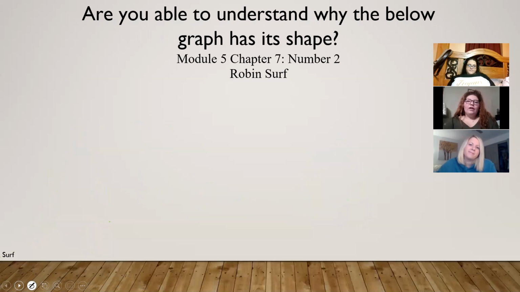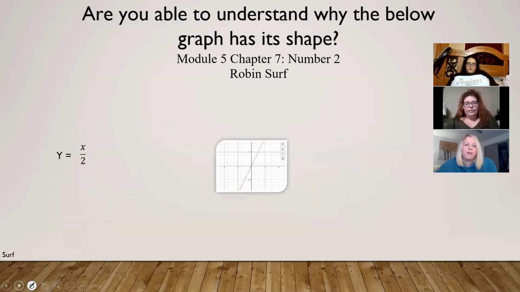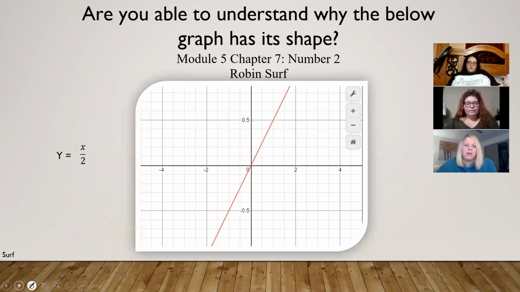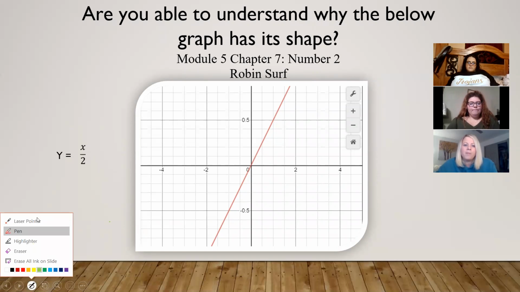Robin, are you able to understand why the below graph has its shape? Well, for this particular question, I would like to know if anyone can understand why the graph I'm about to show you looks the way it does when given a formula for the equation of that graph. In looking at x divided by 2, the slope is actually 1 over 2. So you can say that for every 1 male born in the US, there are 2 females.